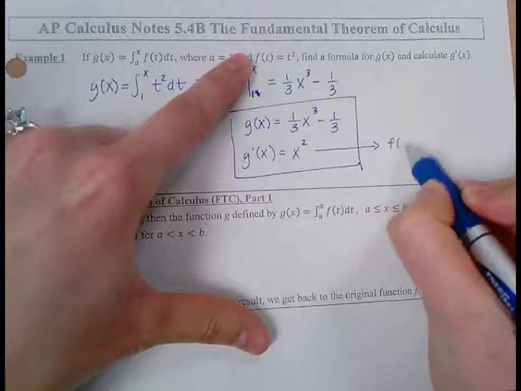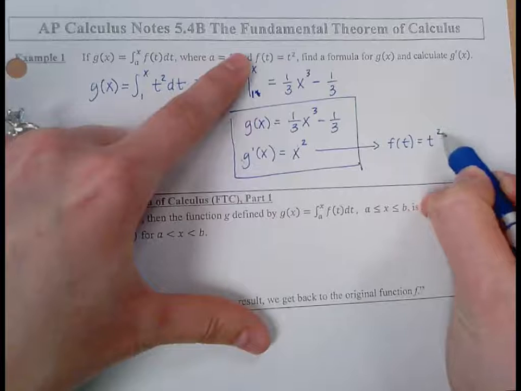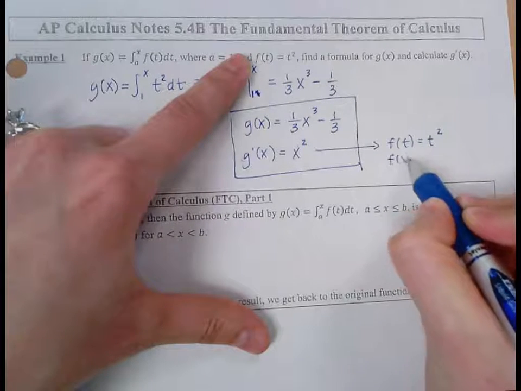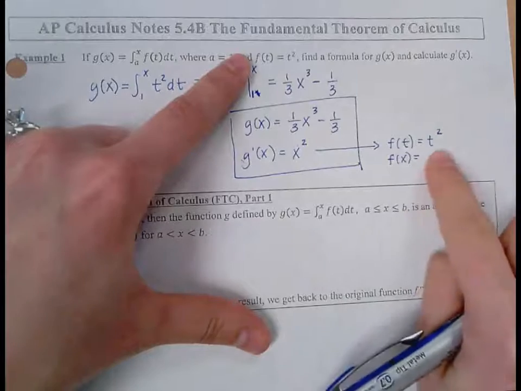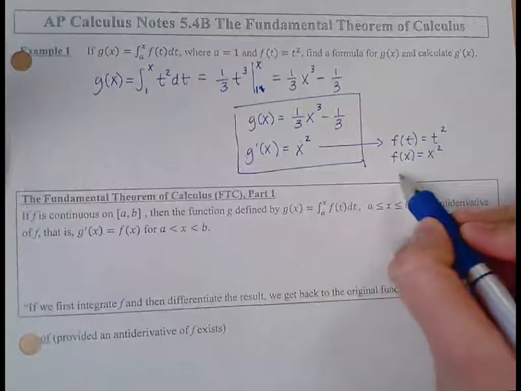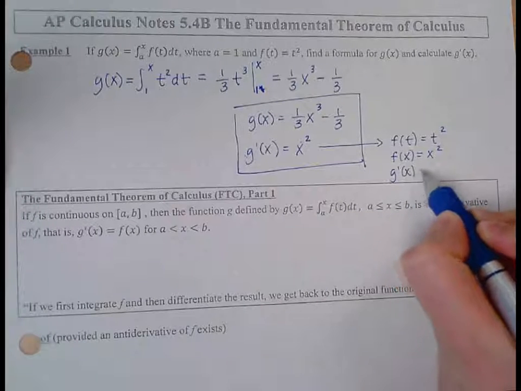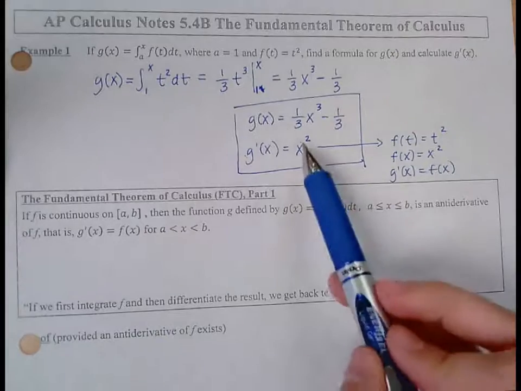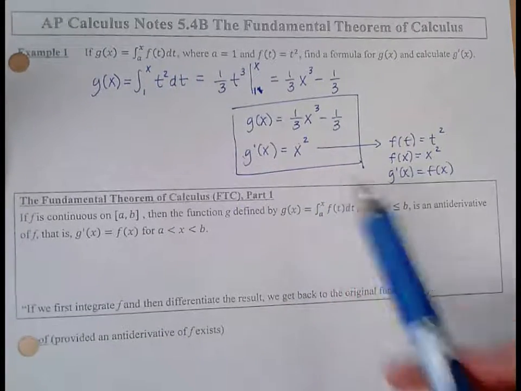If I know f of t is t squared, if I replace then, let's say I find f of x, that just means I'm replacing the t with x, so f of x is x squared, and this just shows that g prime of x is equal to f of x. That's what this is proving to you or showing you here.